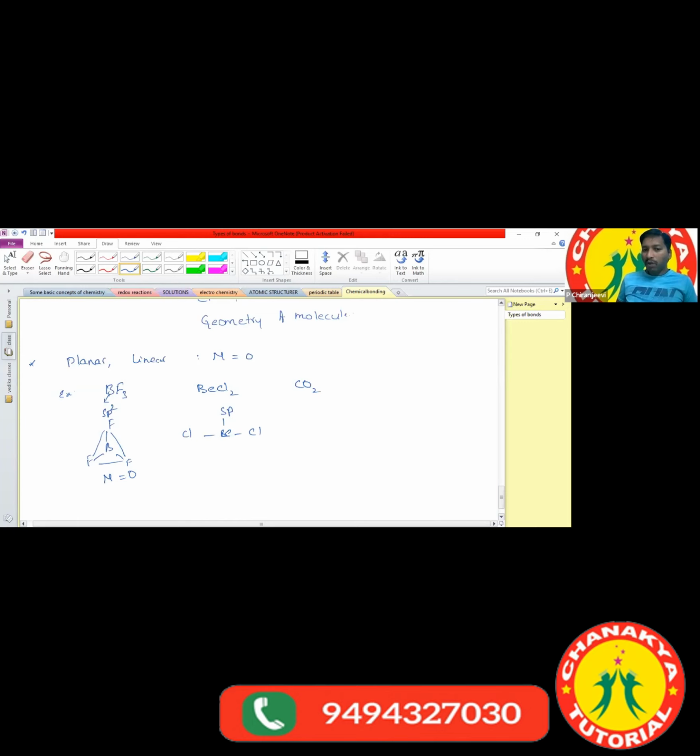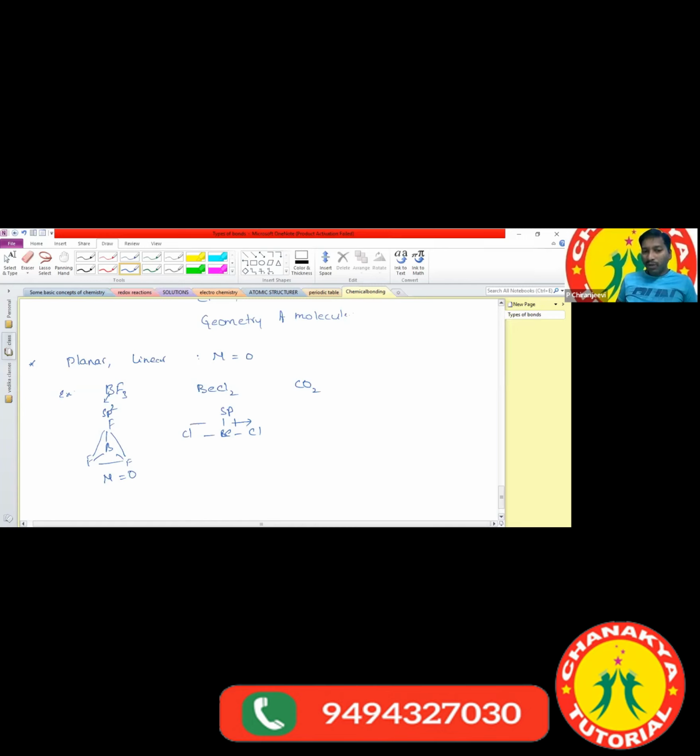Now in beryllium chloride, we can explain the dipole moment. Dipole moment is a vector quantity, so we can represent it with a crossed arrow symbol. If you compare beryllium and chlorine, which one is the more electronegative atom? Chlorine is more electronegative. So that's why I wrote the arrow mark towards the chlorine atom and the positive symbol towards the beryllium.